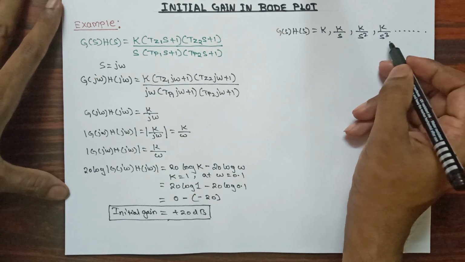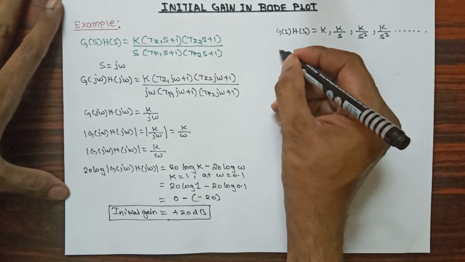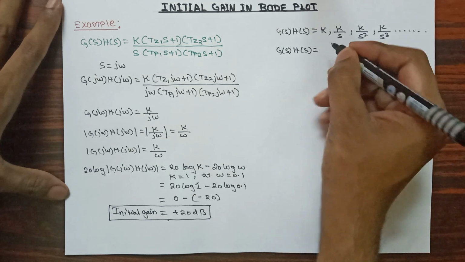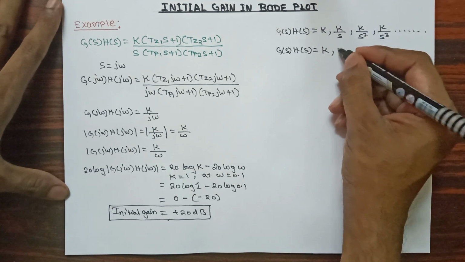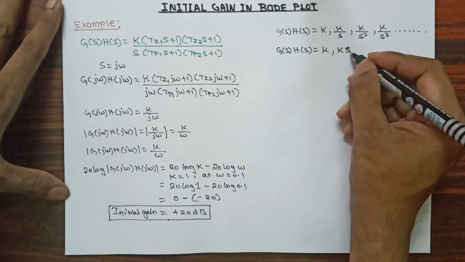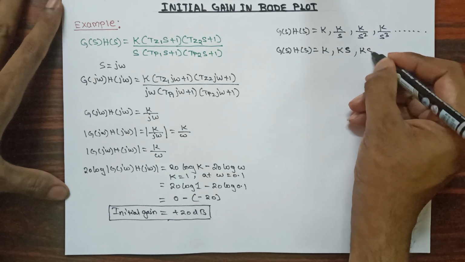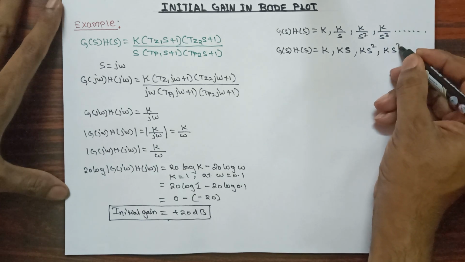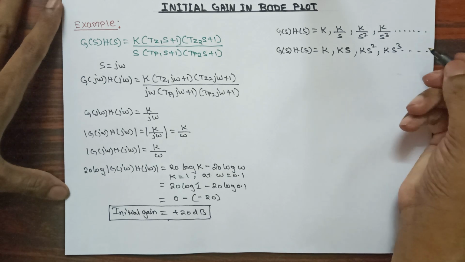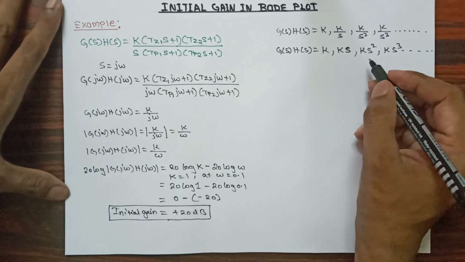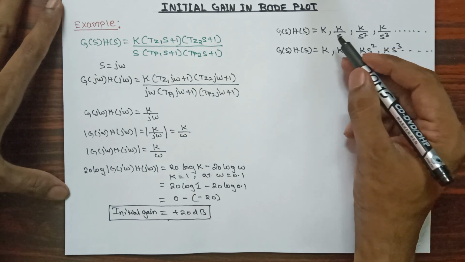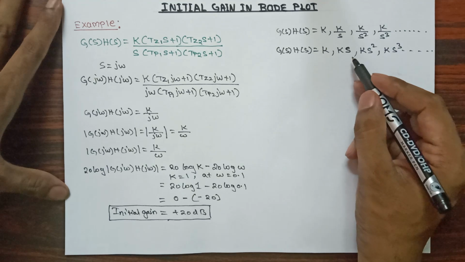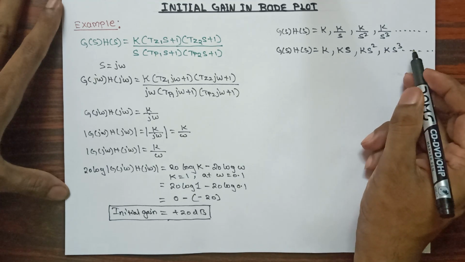If I see with respect to zeros, then I may get G(s)H(s) equivalent to K only gain, or else a zero at the origin, that is Ks, then Ks square, 2 zeros at the origin, then Ks to the power 3. In this way we may have zeros at the origin in the problem.